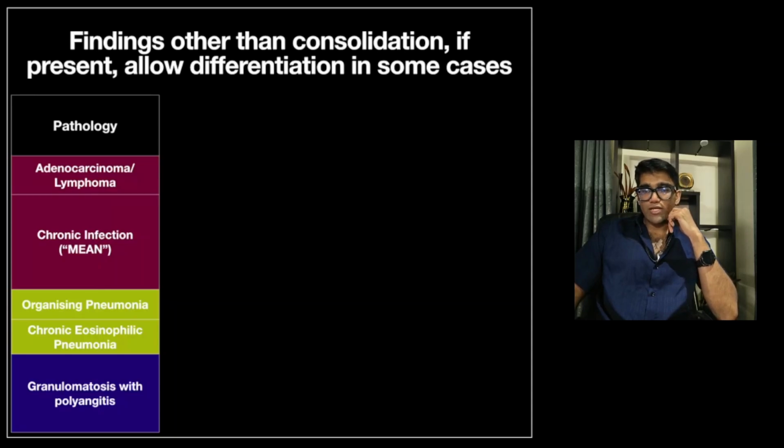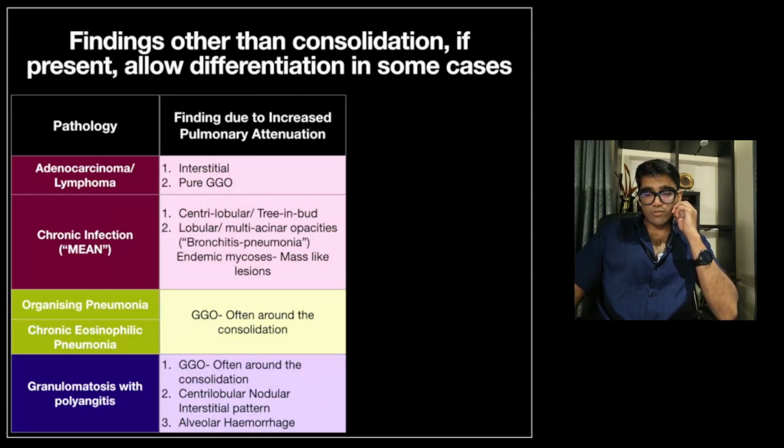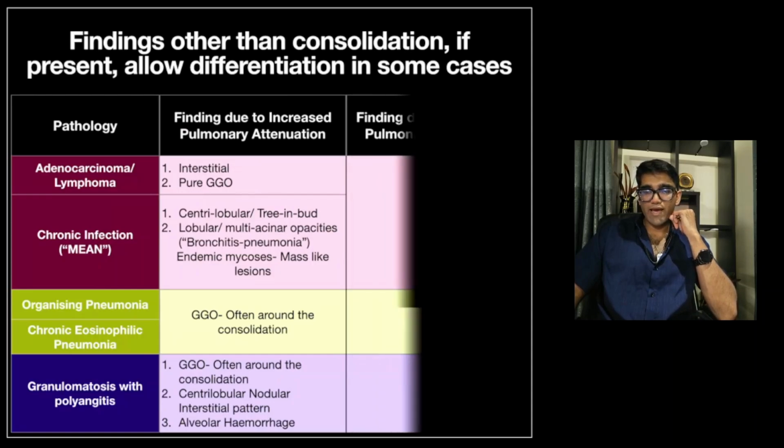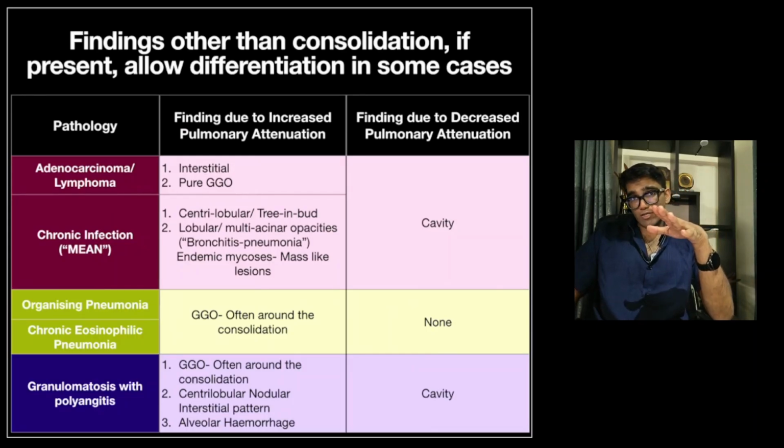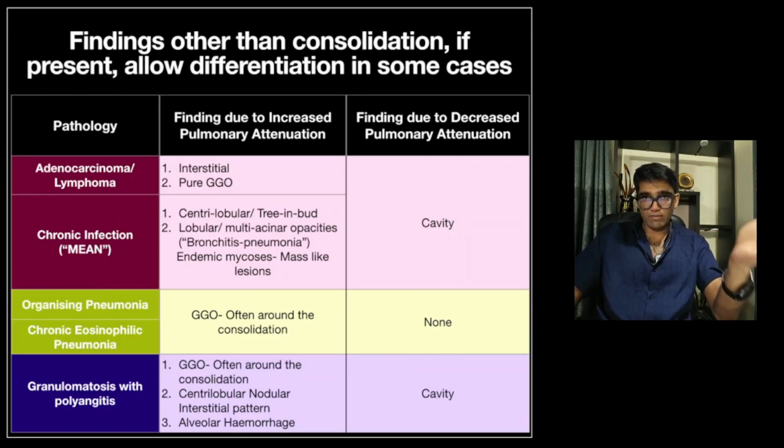Findings other than consolidation, if present, allow differentiation. Like as I said, a lymphoma or an adenocarcinoma may have a corresponding interstitial distribution. So that would be a nodular interstitial opacity, specifically a perilymphatic one, as we've discussed previously. Or a carcinoma in situ may have a pure GGO-like presentation.